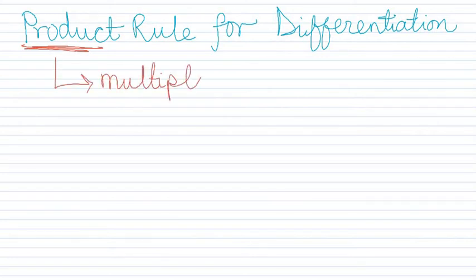So if I say, what is the product of 5 and 8? You're going to know that it's telling me to multiply 5 by 8, which is 40. What is the product of 10 and 10? I'm just telling you to multiply 10 by 10, and 10 by 10 is 100.